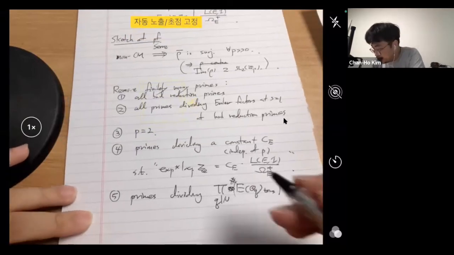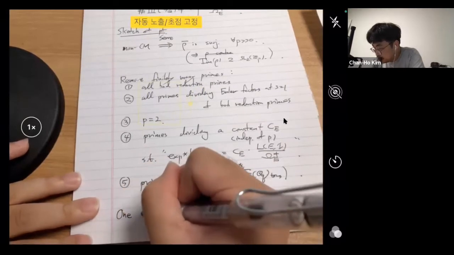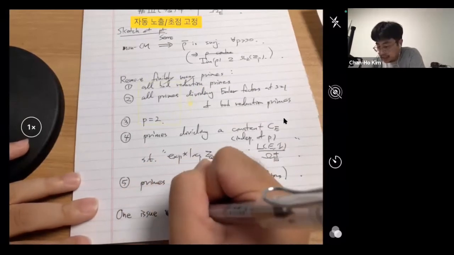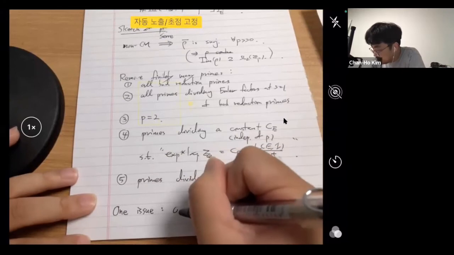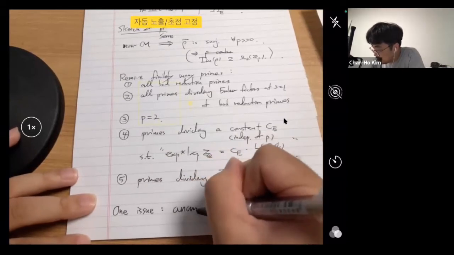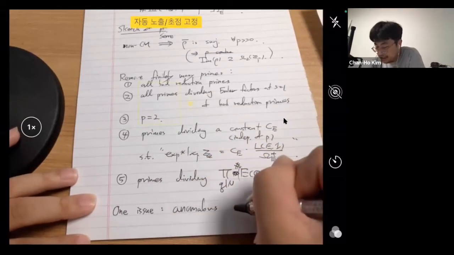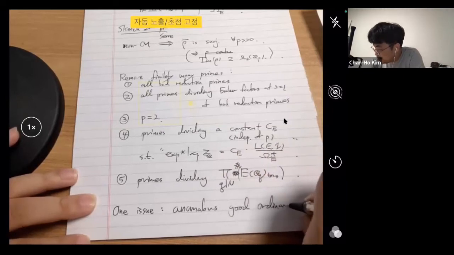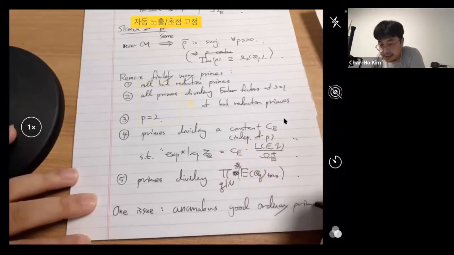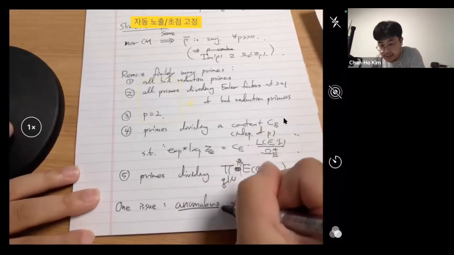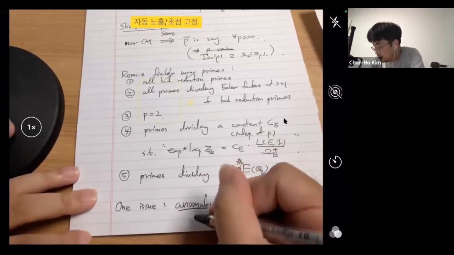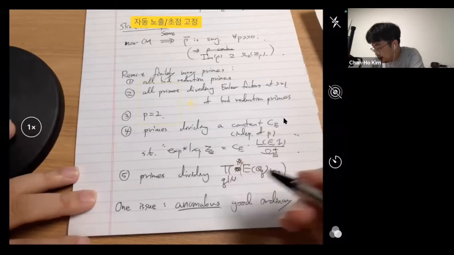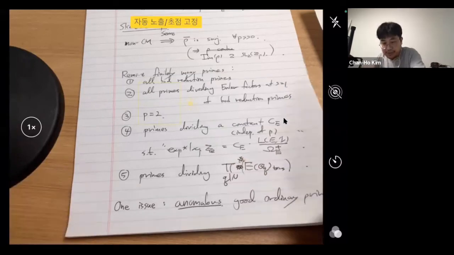And another issue is the anomalous good prime, good ordinary prime. And this part can be removed by using the Chow theorem.